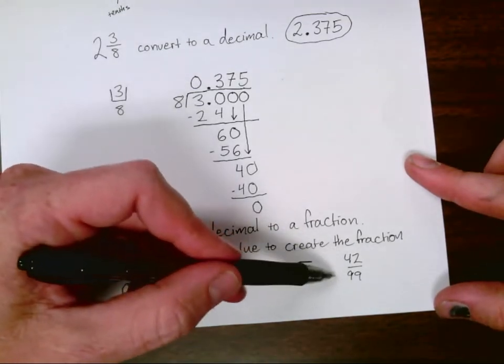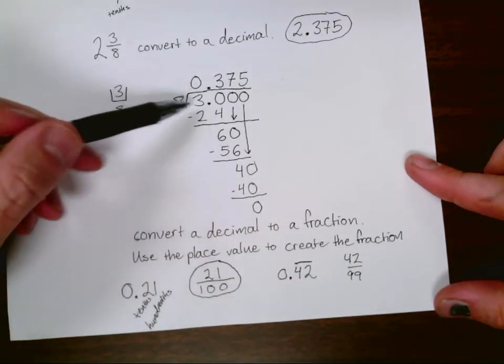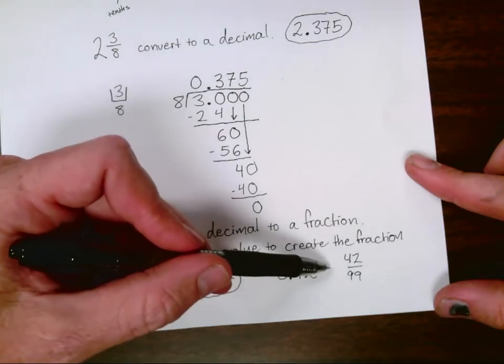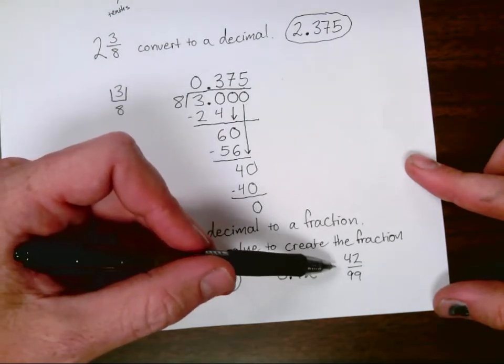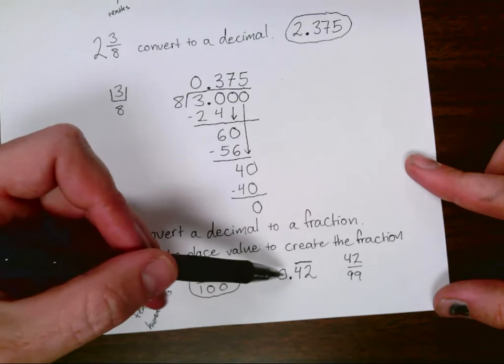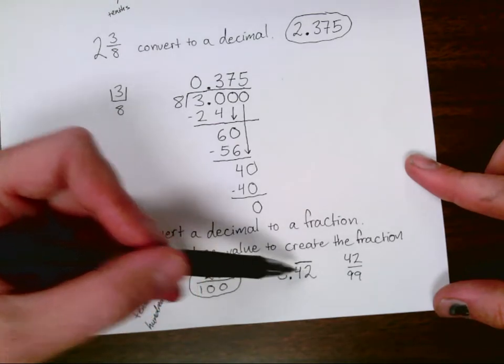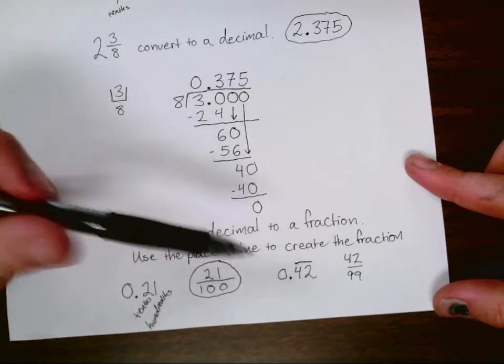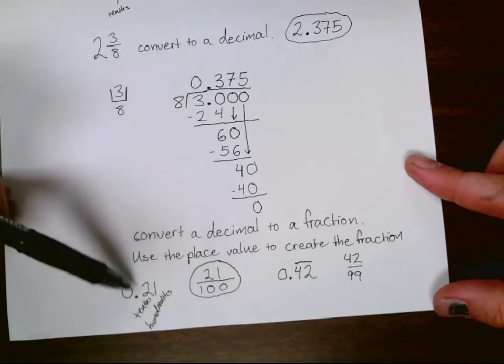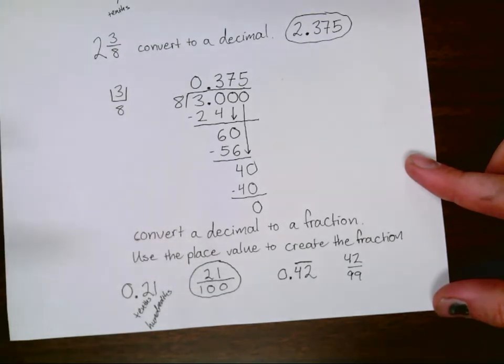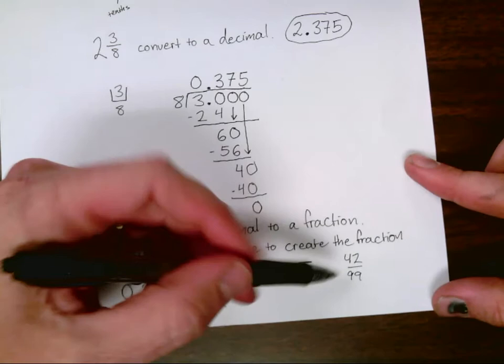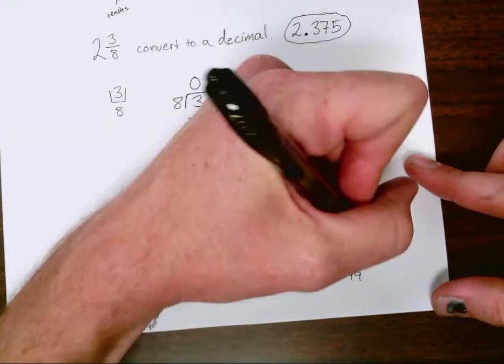And at the end of the day, what I would be most concerned about is, can you convert this into a decimal? And you would use long division to convert it, and you would find that 42 repeats forever. And can you convert a regular decimal into a fraction like this? In this case, 42/99 could be simplified.